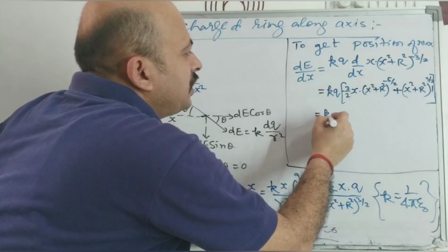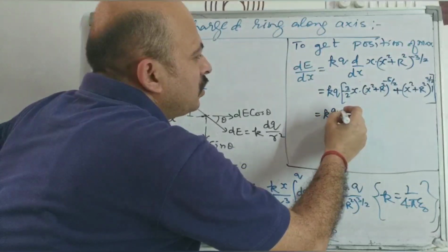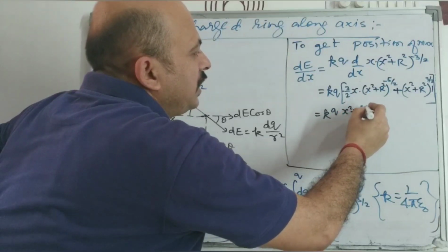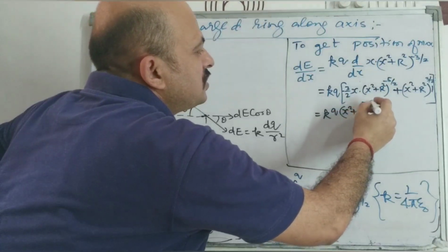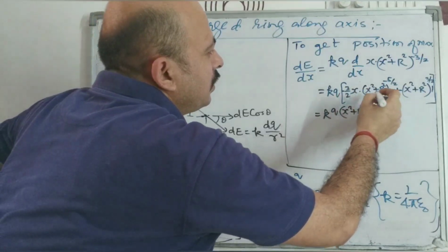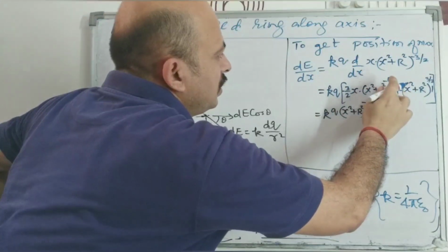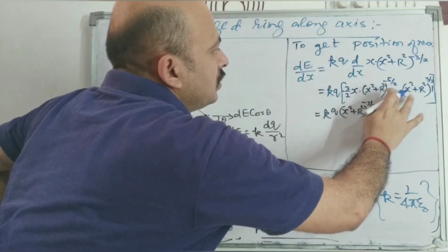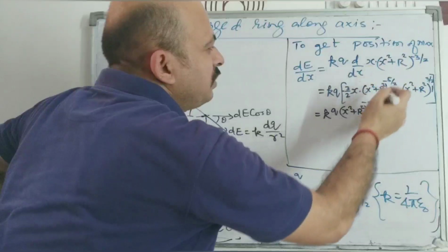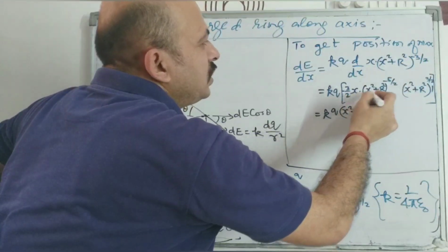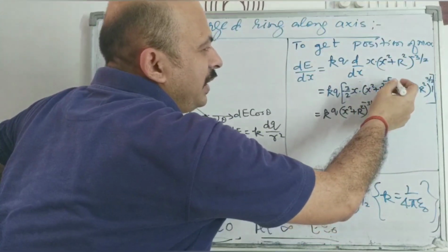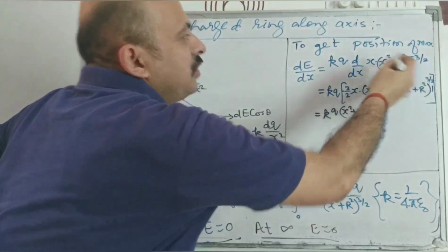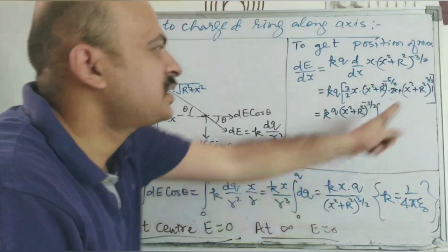Here we go, k, q you can take common, and (x square plus r square) to the power minus 3 by 2 can be common. Sorry, into differentiation, 2x also. Differentiation of this will be equal to this into this to the power minus 5 by 2 into 2x. Differentiation of this, plus x square plus r square.